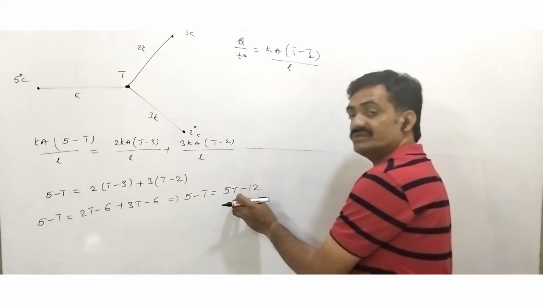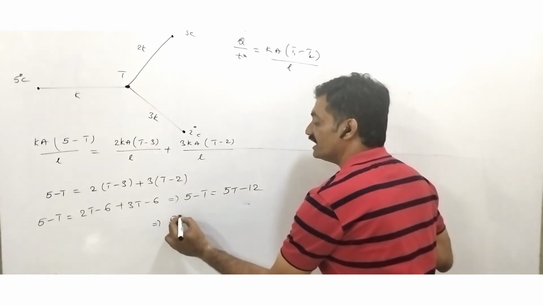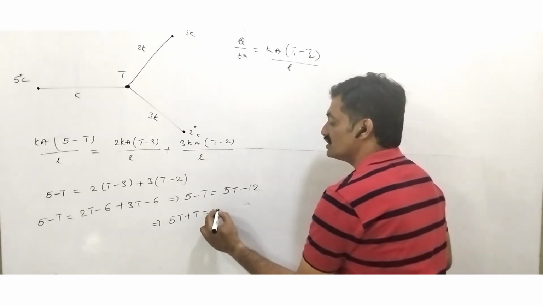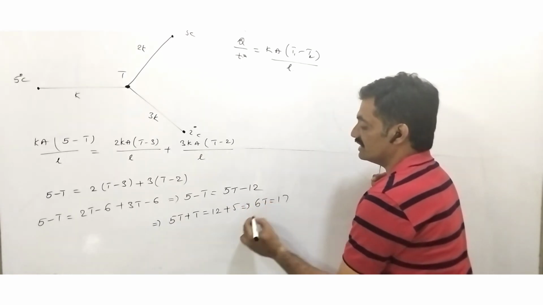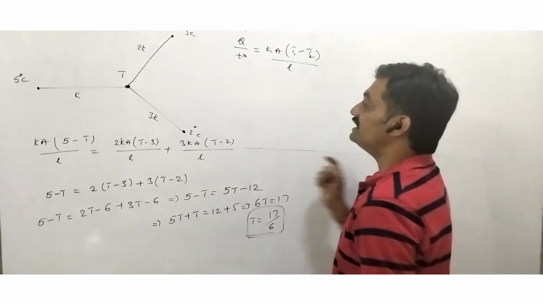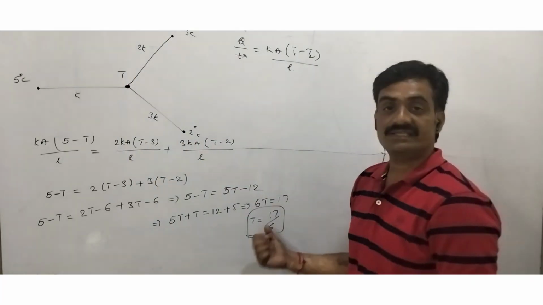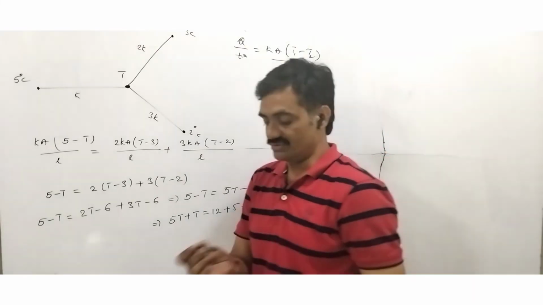When we bring this T to this side and send this to the left side, observe that 5T plus T is 6T, equal to 12 plus 5, which is 17. Then T is equal to 17 by 6. So at the junction the temperature is 17 by 6. Take a screenshot, we'll continue.